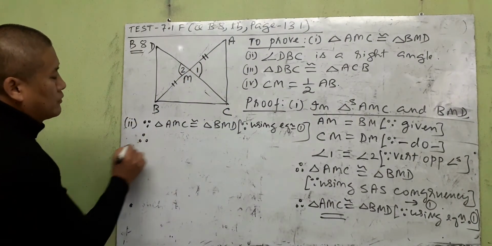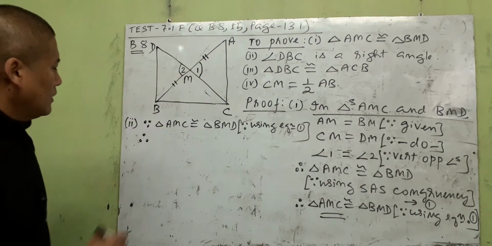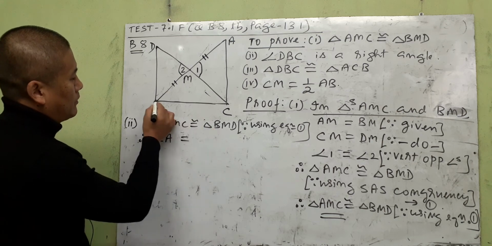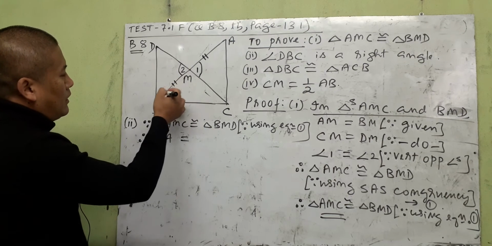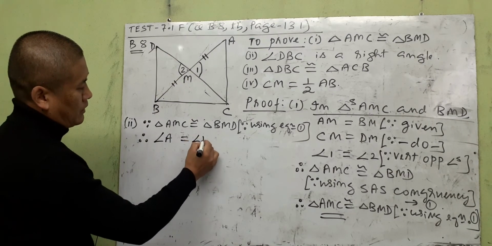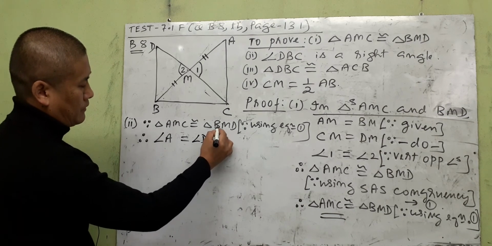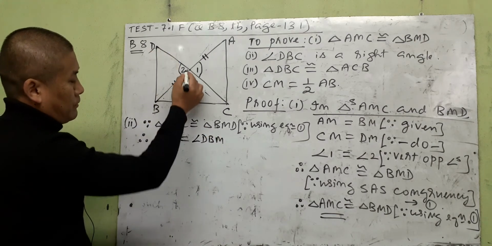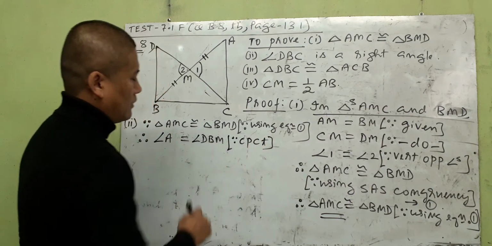Therefore, the corresponding angles will be equal. So A here, this angle A will be equal to the first letter B. At the point, there are two angles, so we have to specify in this triangle here DBM. So we write here angle DBM, because we know CPCT, corresponding angles of congruent triangles, are equal.